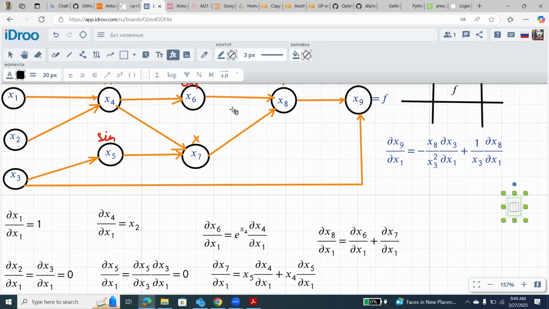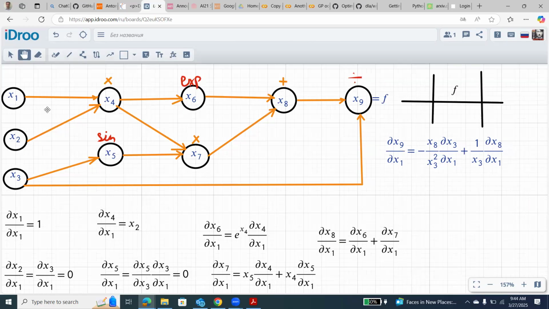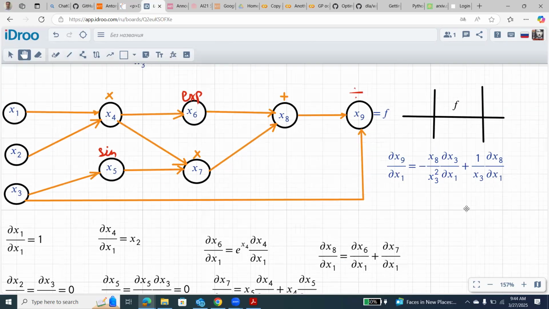Let's say we have n the number of nodes in our computational graph. So how many steps should we perform to evaluate our function if we have n nodes in our graph?